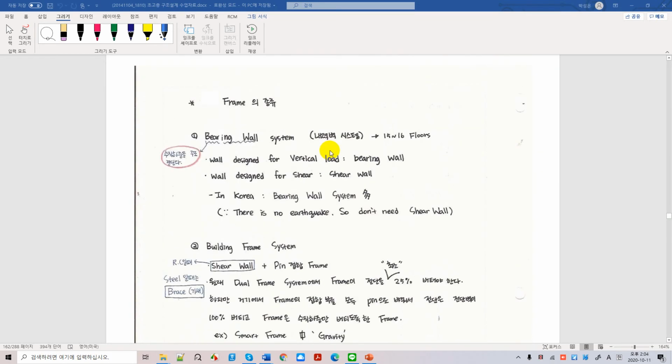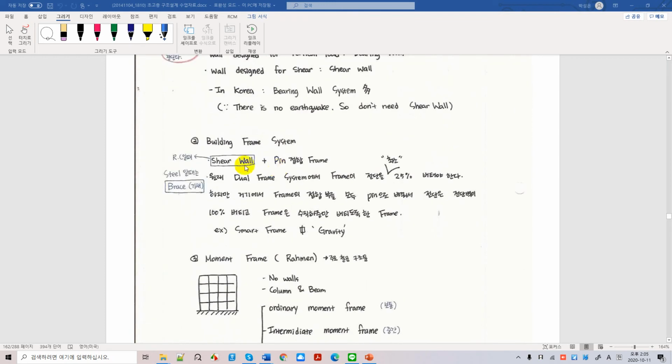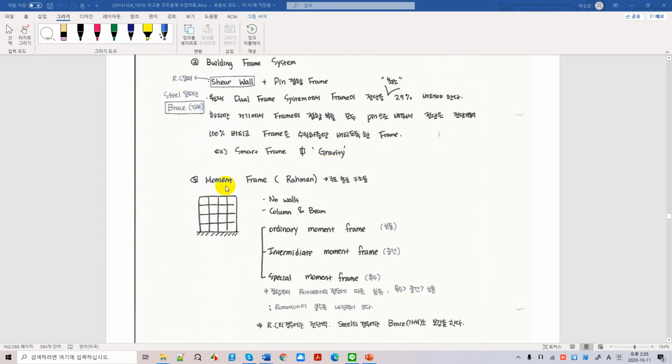Okay, we're gonna start with a short review. So what kind of frame did we learn in previous lecture? We learned that there is a bearing wall structure, and there is a building frame structure, and there is a moment frame structure.